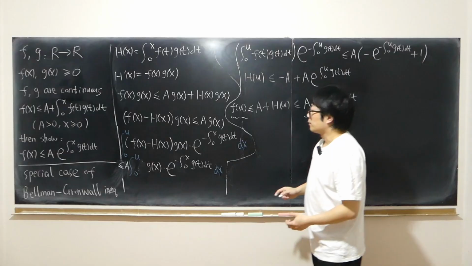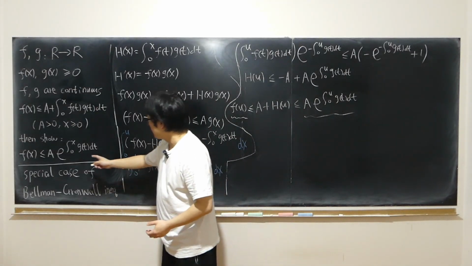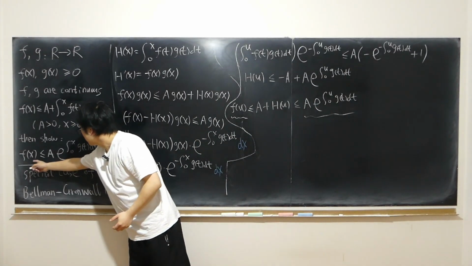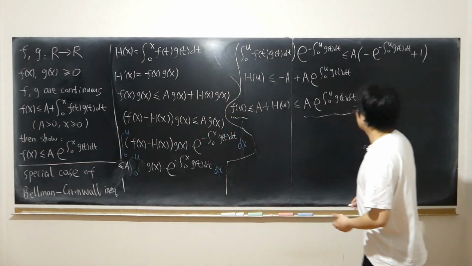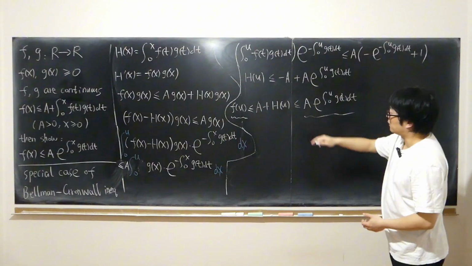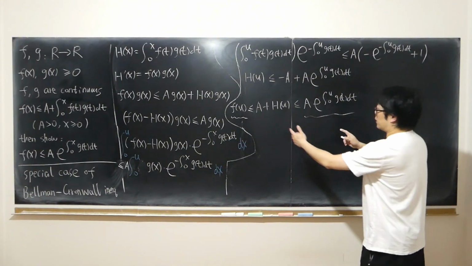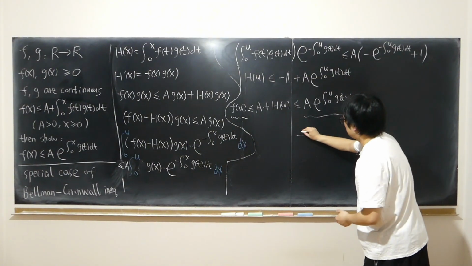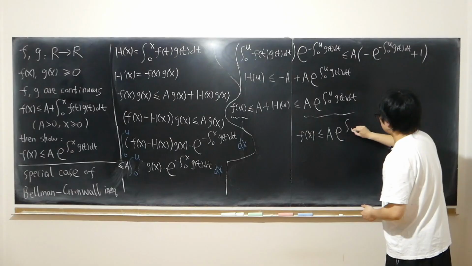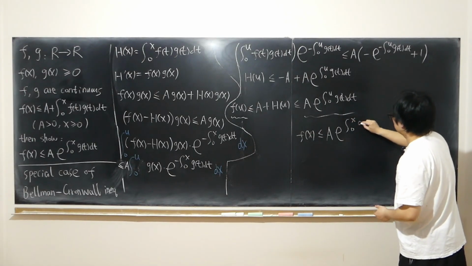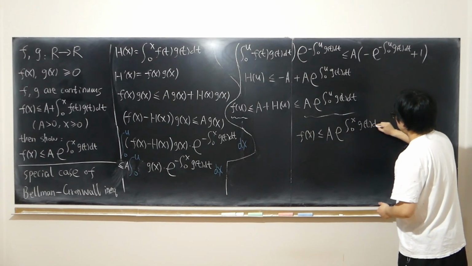Like I said, the only difference is that here you just replace x with u. Integral from 0 to u, f of u, same thing. Here, maybe replace u with x back. f of x is less than a times e to the integral from 0 to x of g of t dt.